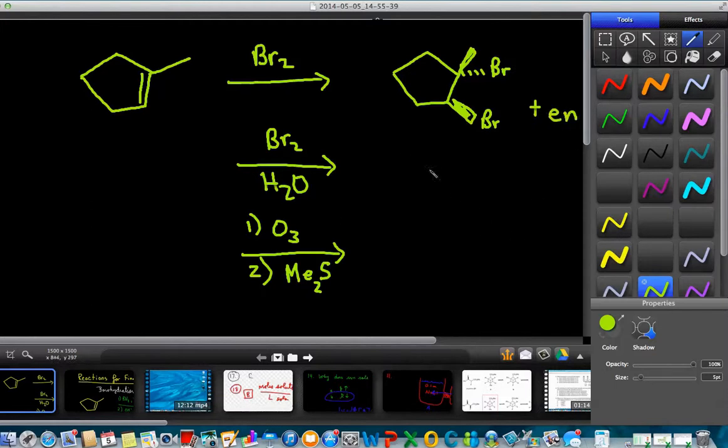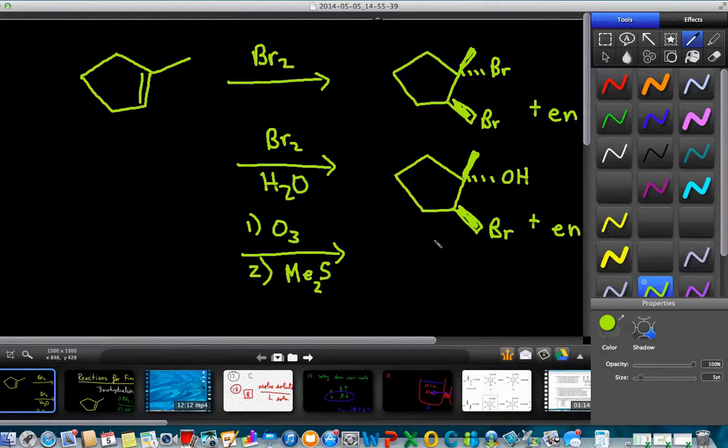When we add Br2 in water, we make what is called a halohydrin, but the OH will go to the more substituted carbon. And of course, they'll add anti as well. And we'll get the enantiomer just like before.